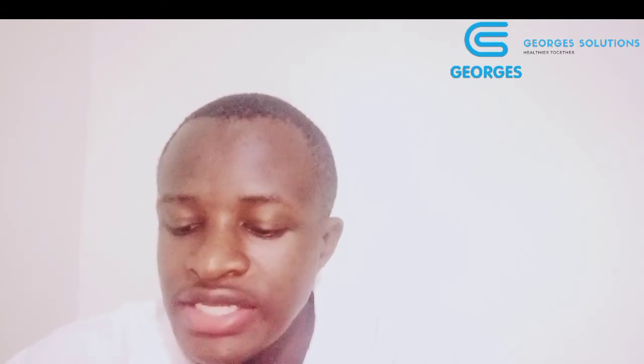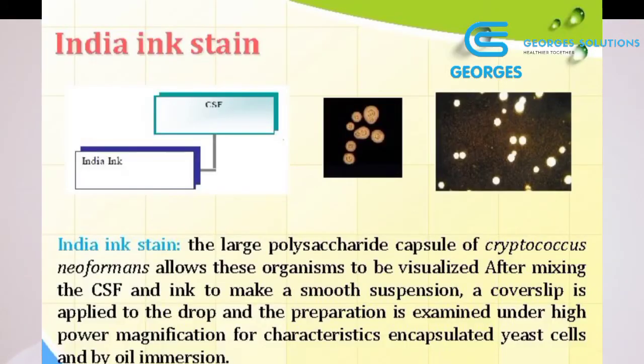Then we will count the number of cells. Then we can do a differential WBC count, whereby we note down the different types of WBCs that are present in the CSF. We can also stain the CSF using Leishman stain. We can also do India ink.